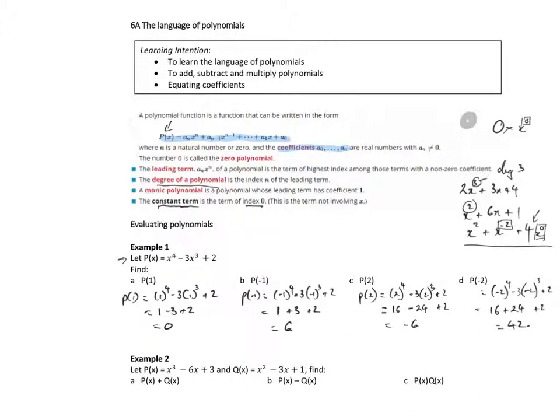Okay, so let's have a look at our next example. We've got two different polynomials here, one called p of x, one called q of x. Find p of x plus q of x. So p of x plus q of x is just x cubed minus 6x plus 3, plus x squared minus 3x plus 1.